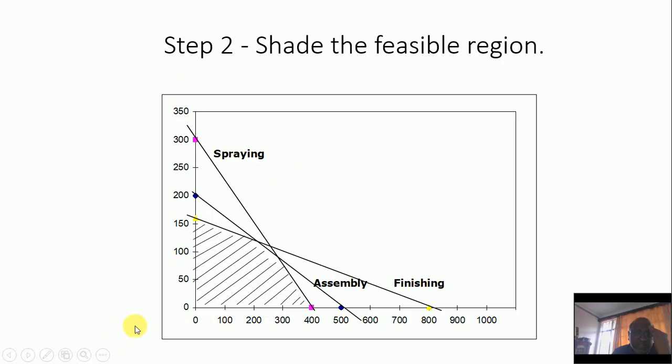Now, this one is obvious: (0, 0) is one intersection. This one is the equation of the finishing line intersecting the y-axis. If you have this equation, all you have to do is put x equal to 0 and you should get this coordinate here. This coordinate is the intersection of spraying with the x-axis.